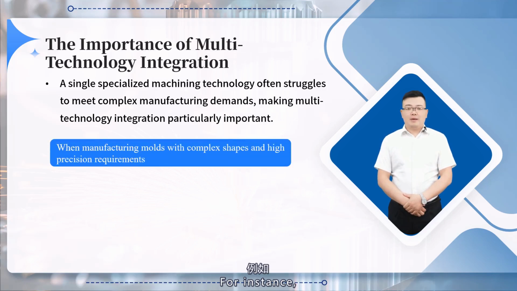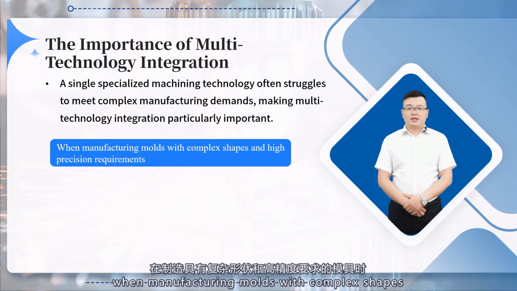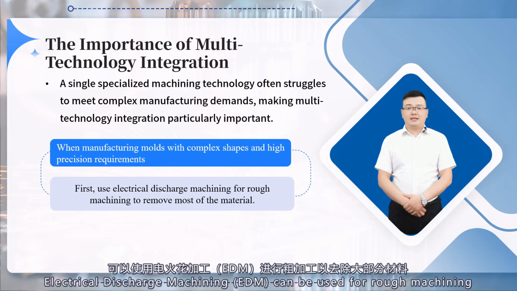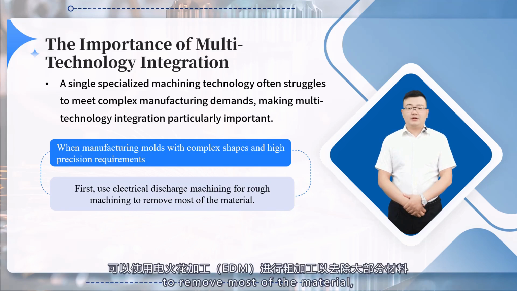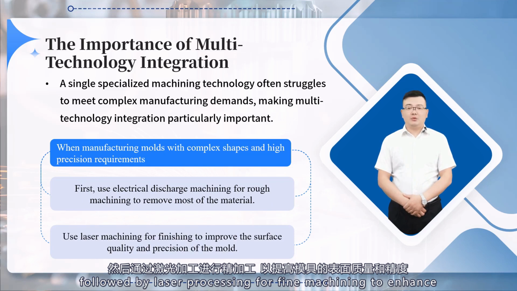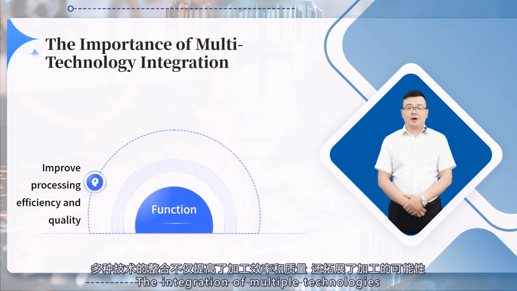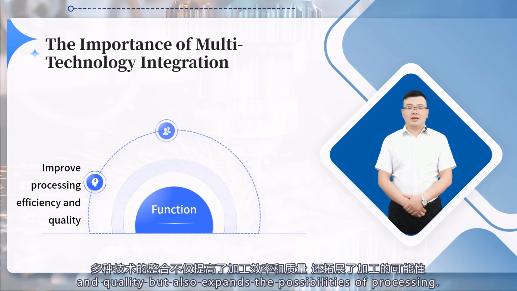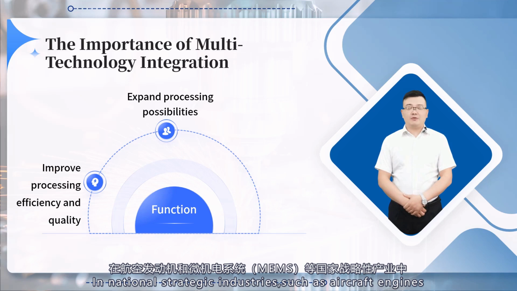For instance, when manufacturing molds with complex shapes and high precision requirements, electrical discharge machining, EDM, can be used for rough machining to remove most of the material, followed by laser processing for fine machining to enhance the surface quality and the precision of the mold. The integration of multiple technologies not only enhances processing efficiency and quality, but also expands the possibilities of processing.